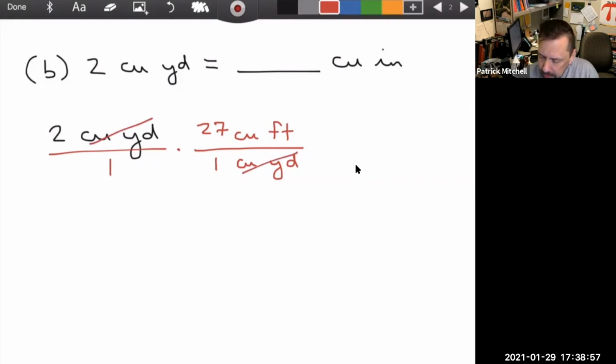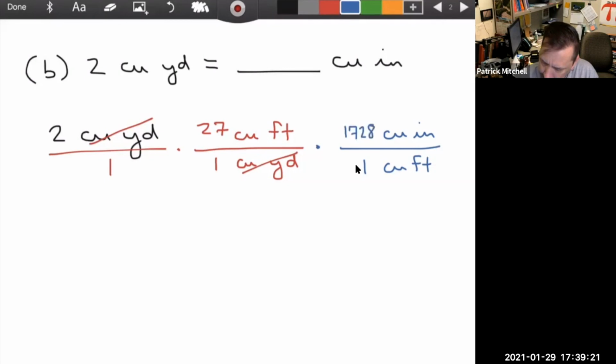So the way I'm going to get that done is I'm going to multiply by another form of 1. This time I'm going to get rid of my cubic feet and change it to cubic inches. And the number of cubic inches in 1 cubic foot is 1,728.